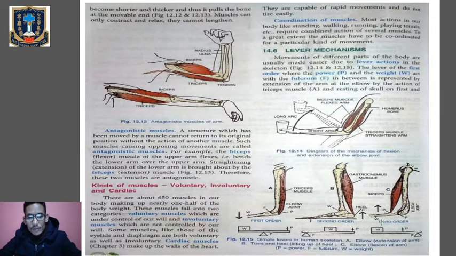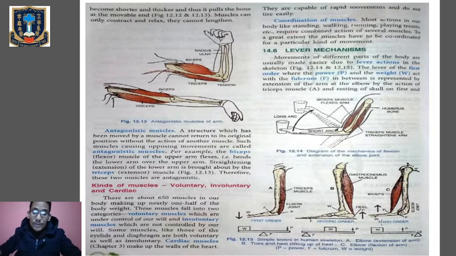Clear? Next one is antagonistic muscles. That means those muscles which work against each other. Whenever muscles work against each other, that is called antagonistic muscles. So let's look at it. A structure which has been moved by a muscle cannot return to its original position by itself.